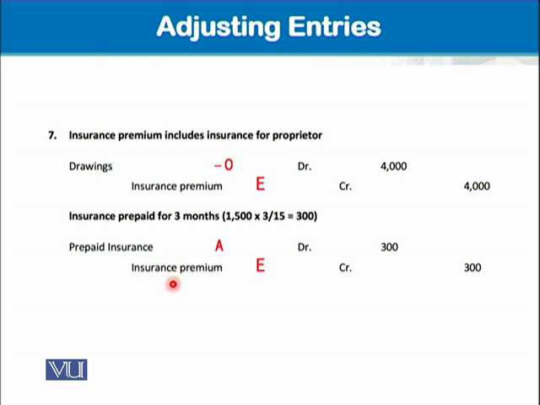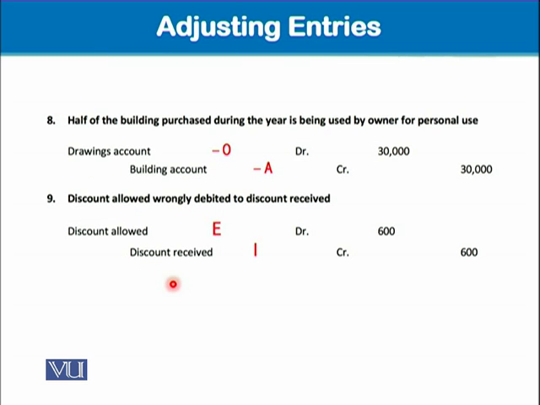All right. So what comes next is half of the building purchased during the year is being used by the owner for personal use. So it means that the building account, which was our asset, appearing in the trial balance equal to 60,000, will be credited, minus A, and will be taken to the drawings account, minus O, because drawings will be debited and will be subtracted from the owner's equity.